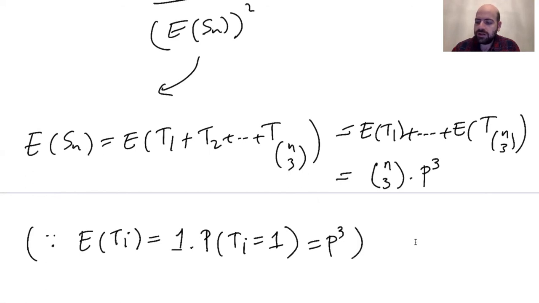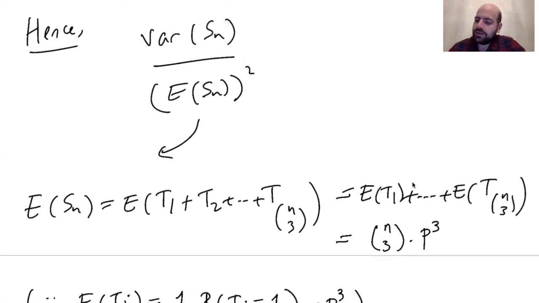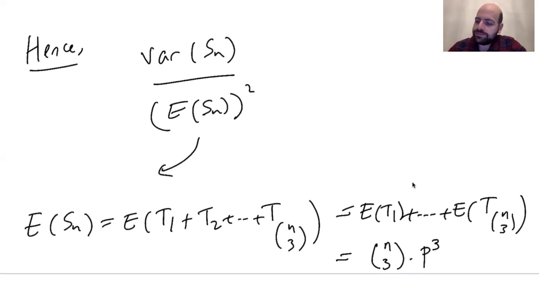So for each Ti, E of Ti is p to the power 3. E of T1 is p to the power 3, E of T2 is p to the power 3, the last one is p to the power 3. How many such terms do I have? N choose 3. So n choose 3 times p to the power 3 is the denominator.